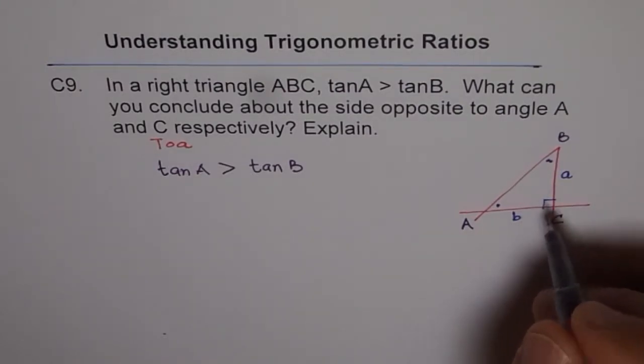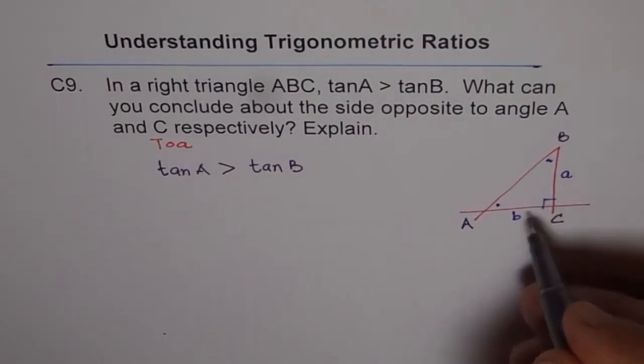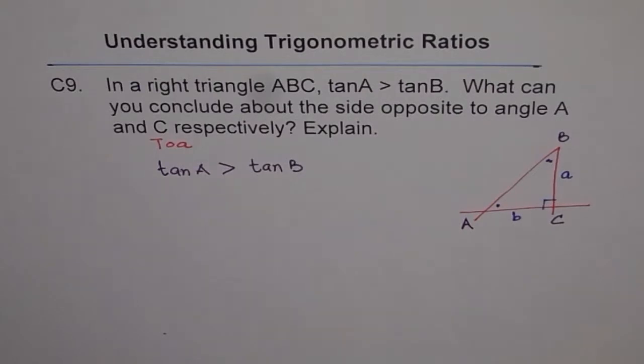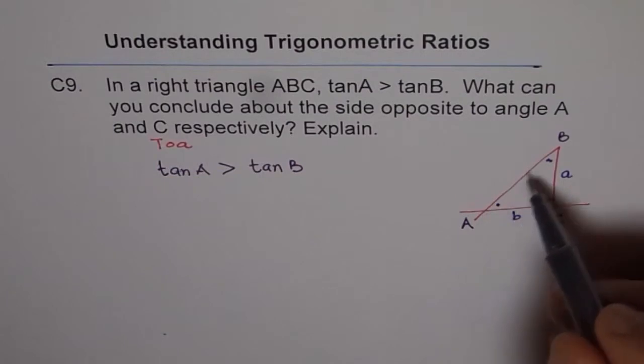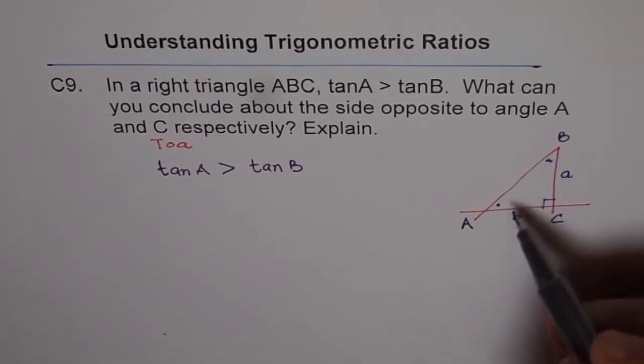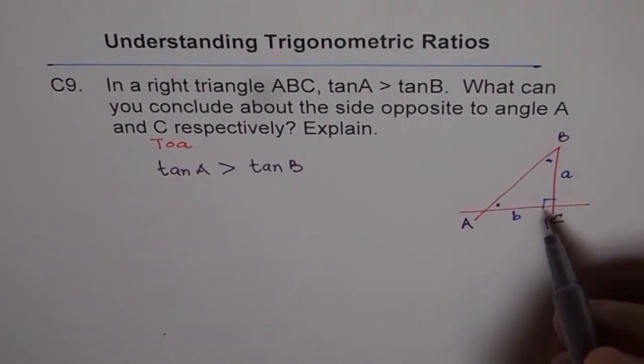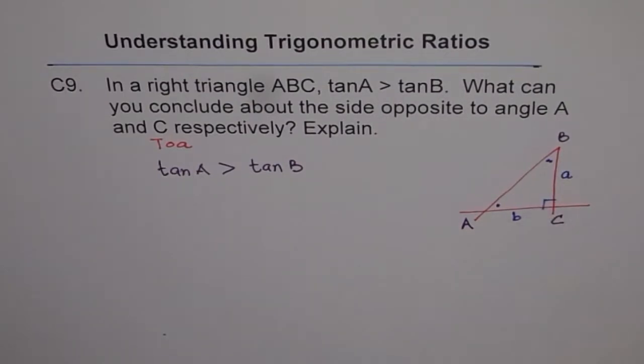They have to be different, and if they are different, then these two sides are also different. And of course, if the sides are different, one of them will be shorter, the other one will be longer. And the longest side in a right triangle is always the hypotenuse, which is AB, undoubtedly. So we are only talking about the other two sides, the legs of our right triangle, correct? So that is how it is.